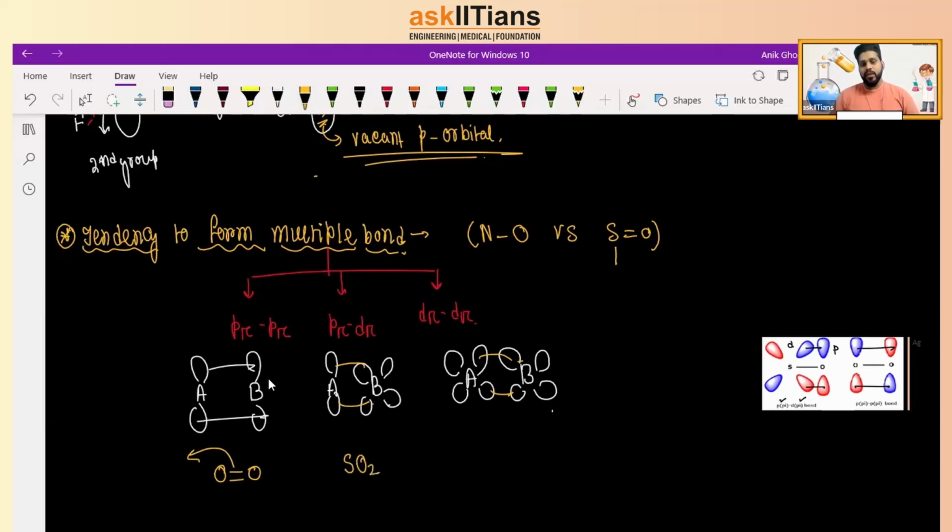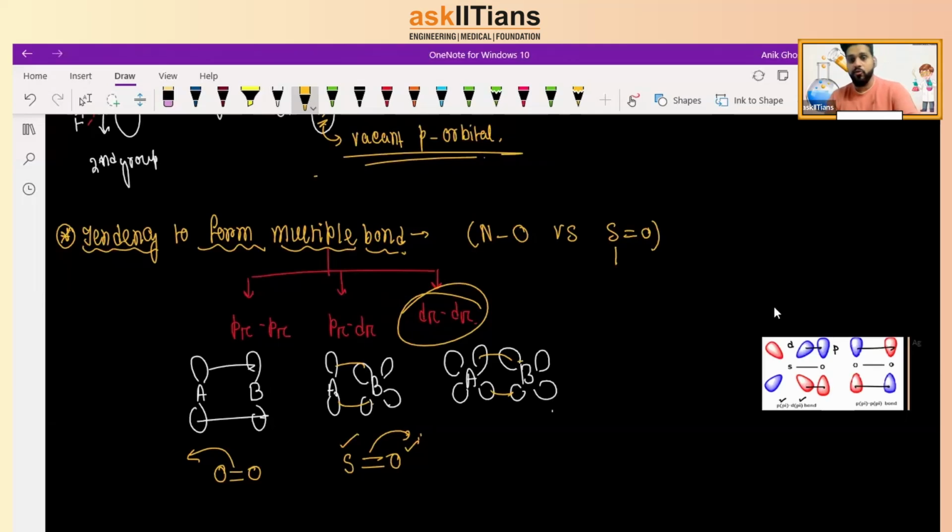In SO2, between the sulfur and the oxygen, the bonding that gets formed uses the d orbital of sulfur and the p orbital of oxygen. So this can be called a p pi d pi or d pi p pi, same thing. And d pi d pi is when both of them have d orbitals with which they make the bonding. So these are the three types of pi bonding which are out there.